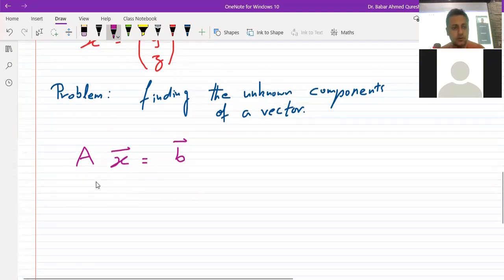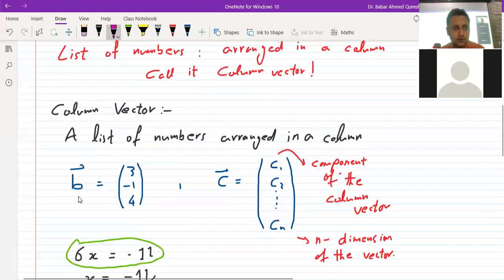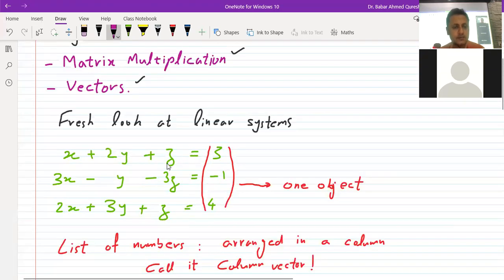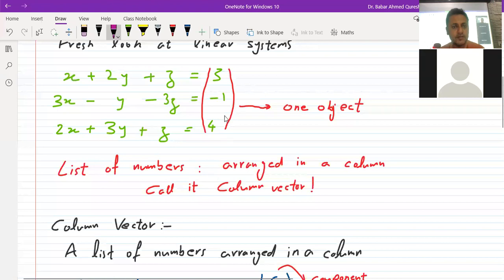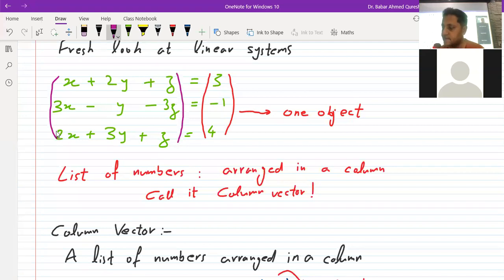So I know what I need to have here. If I look at these two vectors, I have a vector on this side. I can think of the left hand side as also one number, which is equal to 3, but written in terms of the unknowns. So I can think of this as a vector, and this is the first component of it.